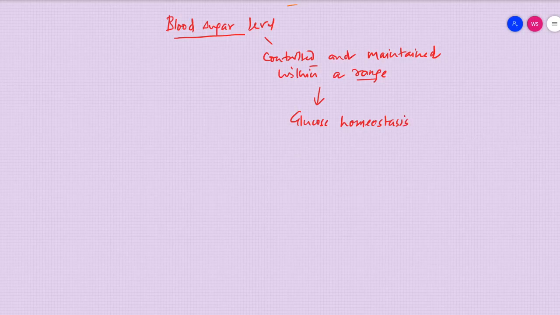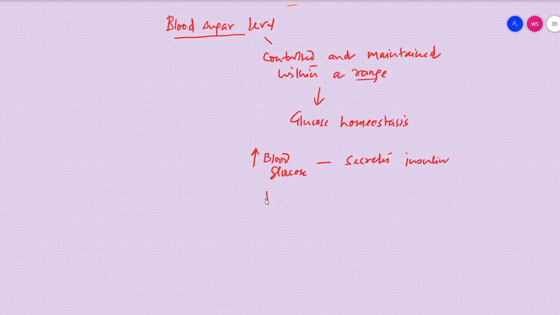So the first question is, how does it maintain homeostasis? If there is increased blood glucose, the body secretes insulin.